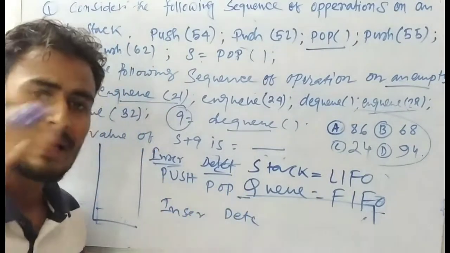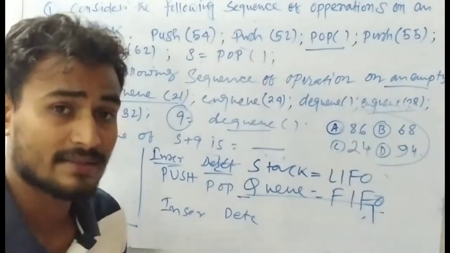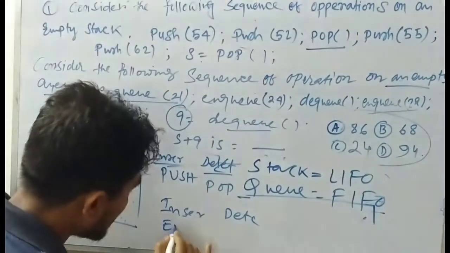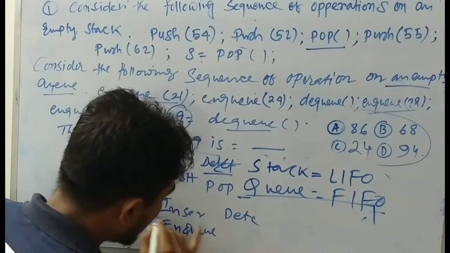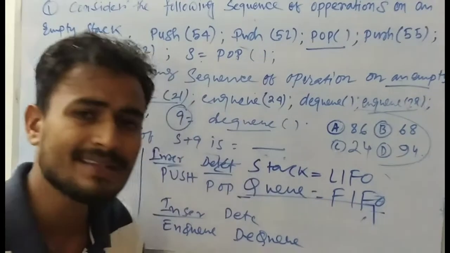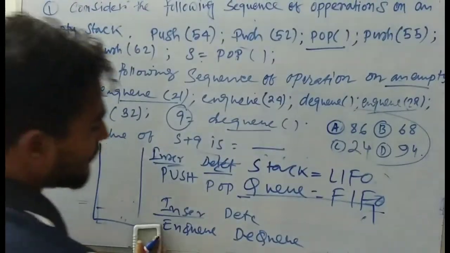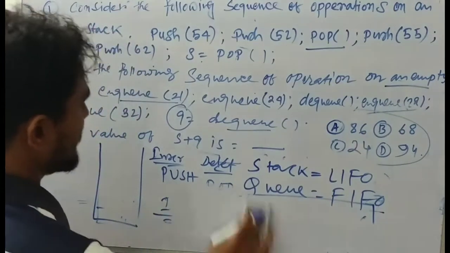Push means insertion and pop means deletion. Similarly, in a queue, NQ (enqueue) means insertion and DQ (dequeue) means deletion. This is the most important part of stack and queue.